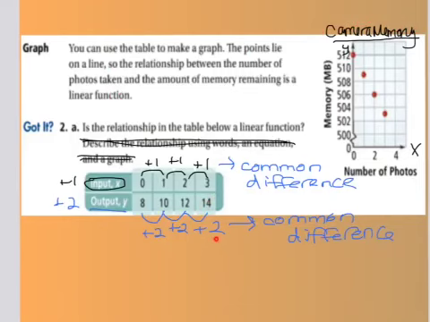So the last number increased by 3. That would mean that it didn't have a common difference the entire time. It would not be linear. There would be one point that was away from the rest of the line. But when you're adding the same number to the y's and you're adding the same number to the x's, that means the y's have a common difference and the x's have a common difference. That means that it is a linear function.